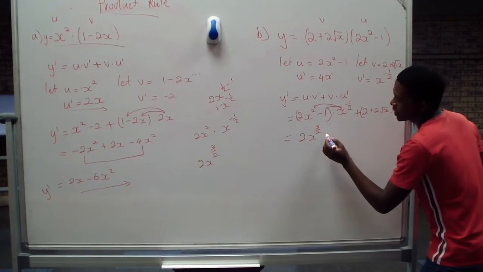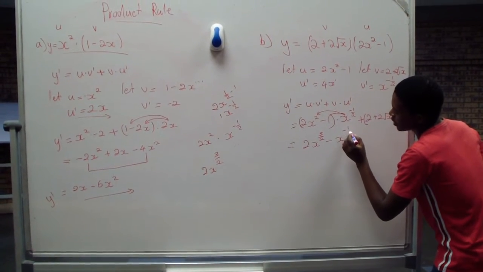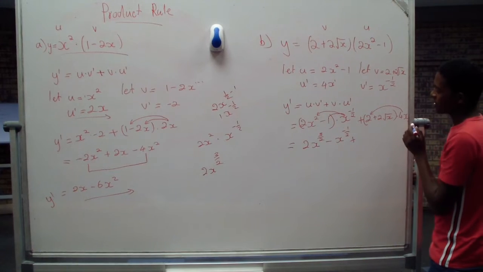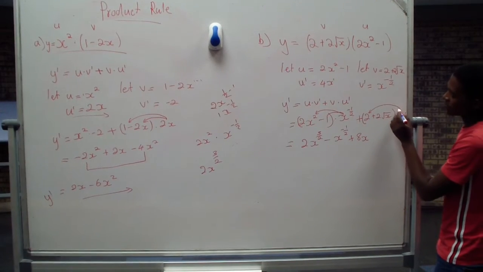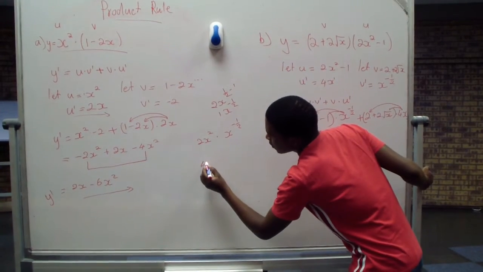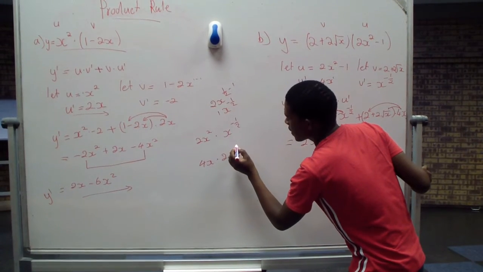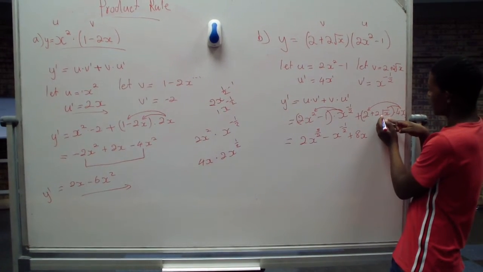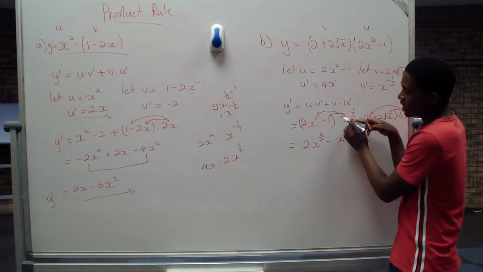Then this multiplied by 1 and minus x to the power negative 1 over 2, plus, when I multiply this and this, I'll have 8x. Then when I multiply this and that, it's the same thing as 4x multiplied by 2x to the power negative 1 over 2. So now it's positive, because I'm having a square root. Here I was having a negative half.